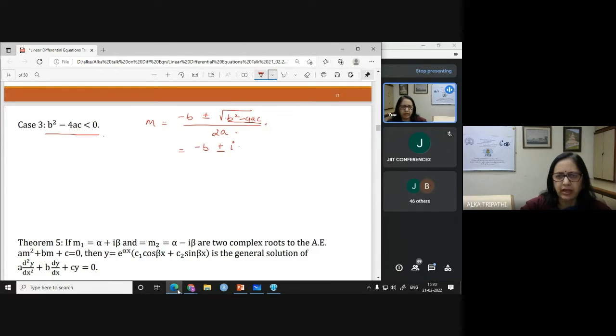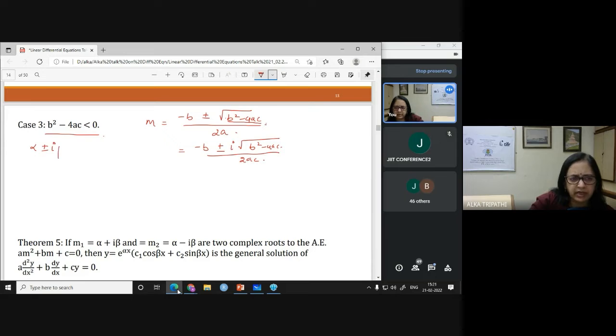So we will have a solution of the form alpha plus minus i beta, an imaginary solution, where alpha is equal to minus b by 2a and beta is equal to root of b square minus 4ac, divided by 2a.